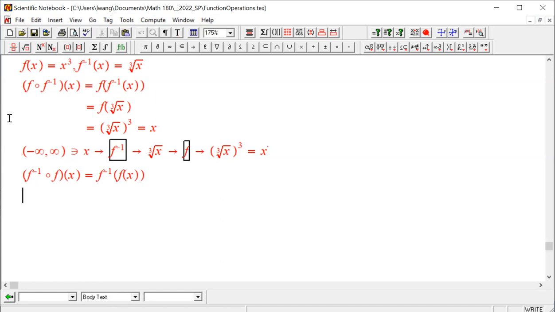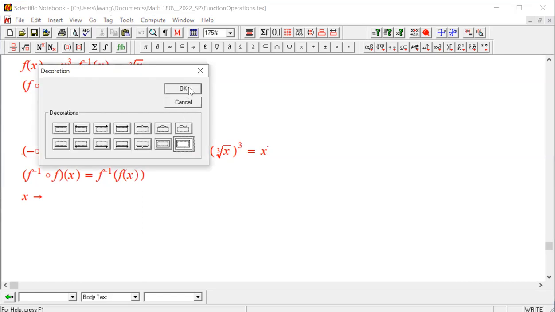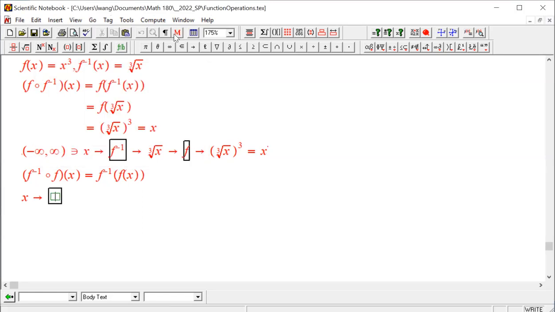The flow is that x will be the input for f. So the first rule applied is f, which is to power x by 3. The domain of x raised to the power 3 is all real numbers.